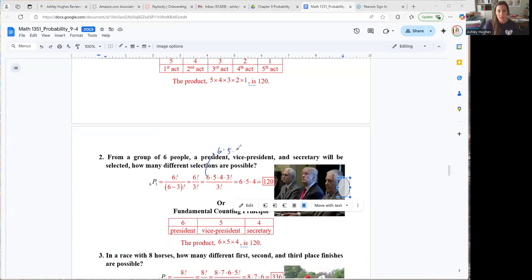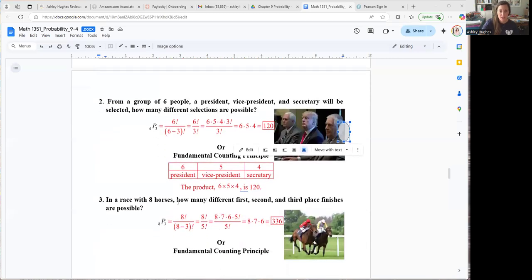But notice that I didn't go 3 times 2 times 1. Instead, we just stop right here. I'm going to call this 3 factorial. We do that because it will cancel out easily with the bottom 3 factorial, which this bottom piece is always the difference of these 2. And so we get 6 times 5 times 4, which is 120. You get the same thing if we do it by the counting principle.